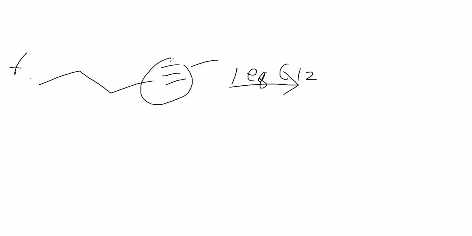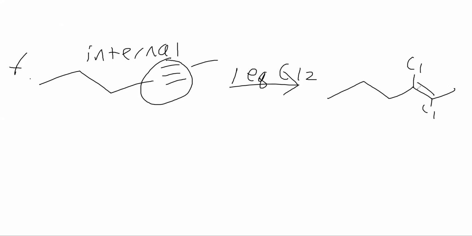And this is an internal alkyne because it's within the chain. Just like when we added Cl2 to an alkene, we're just adding 2 chlorines, and it's going to be added with trans stereochemistry, like they're going to be opposite of each other.